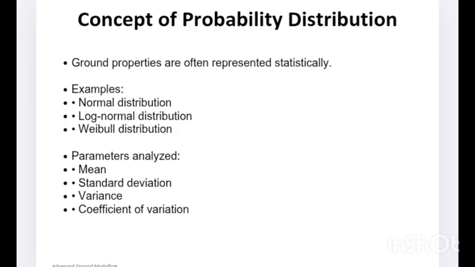It helps us to predict possible ranges, estimate failure probability, improve design reliability. Understanding statistical variability is essential in advanced ground models. Very, very essential. Statistics is very, very essential.